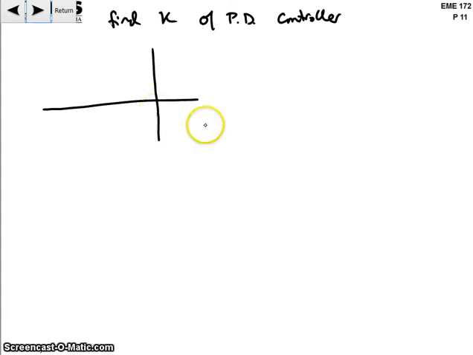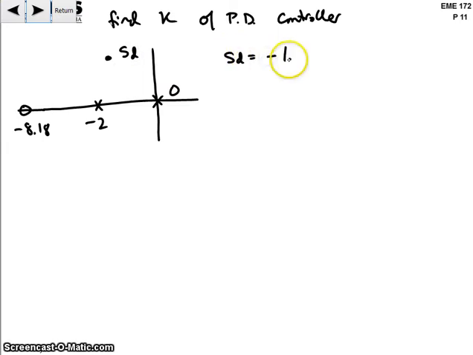Now I have a pole here at 0, and a pole here at -2, and I have a 0 way out here at -8.18. This is my desired position, s desired, and I'll say s desired is -1.8 plus j pi. And I'm going to draw my little vectors here.